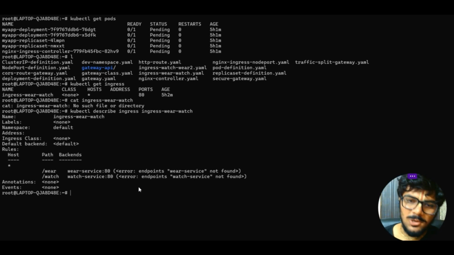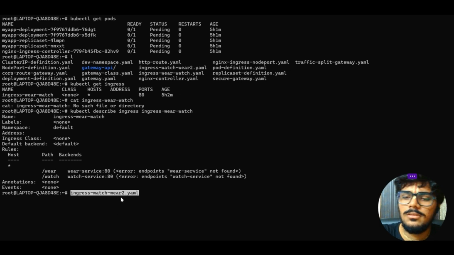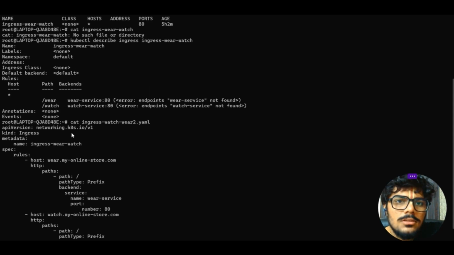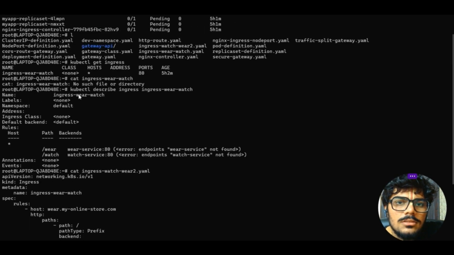If we really want to know about this whole file, let's try to understand the ingress from the general file that we have. There's everything about the ingress file that we posted in the last lecture.